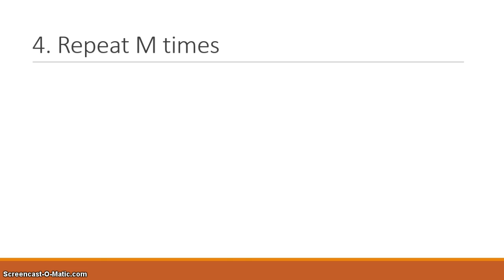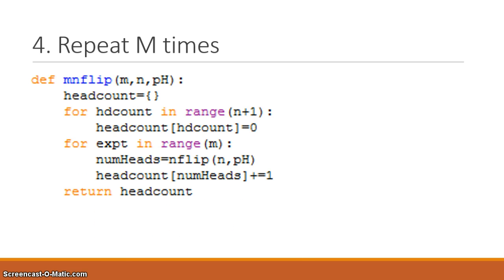Then I repeat this n times. How can I do it? First of all, I create an empty dictionary named head count. Then I start a for loop in range of n+1 because here I want to set the keys, so it must be from 0 to the number n, so I add 1.